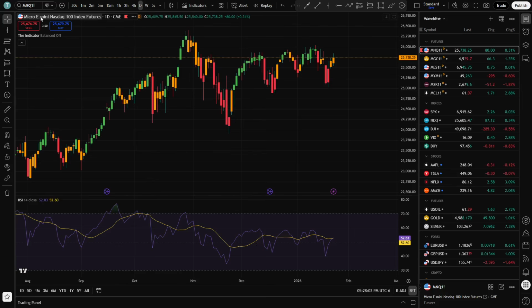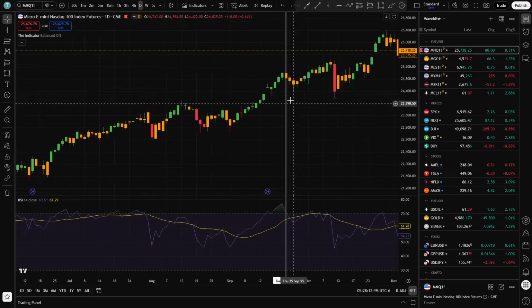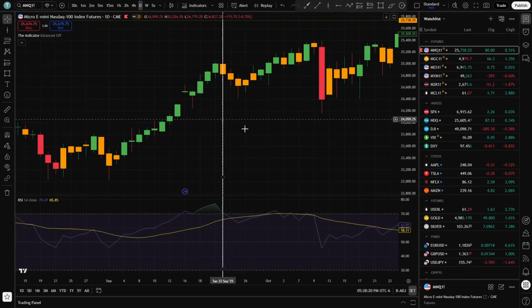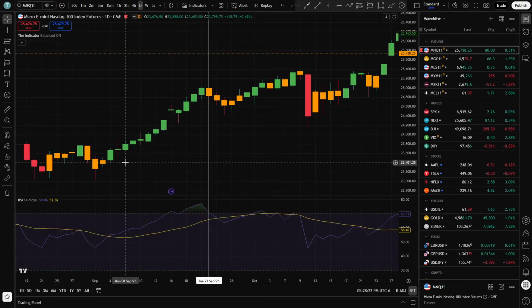Let's focus here, we're on the NASDAQ and on the daily. And if you notice here on RSI, we get this overbought section here, and the indicator itself showed the same information with a balanced candle. This is important. As you notice here, price is moving up.